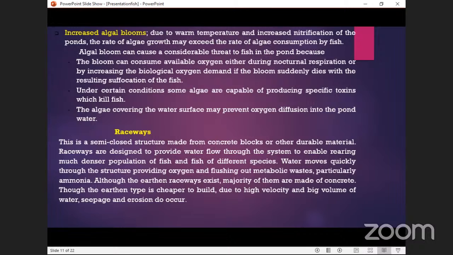How does it become a problem? Algae bloom can cause a considerable threat to fish in a pond because the algae can consume available oxygen either during nocturnal respiration or by increasing the biological oxygen demand when the bloom suddenly dies, resulting in suffocation of fish.